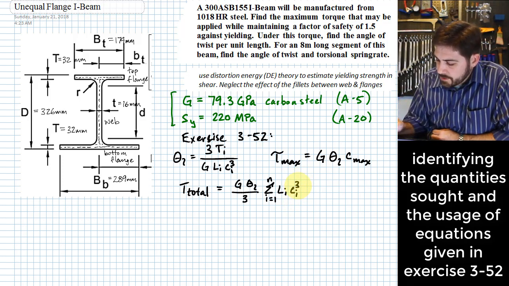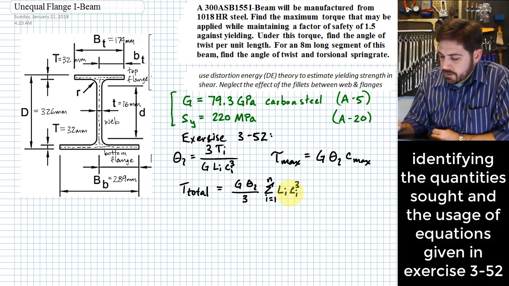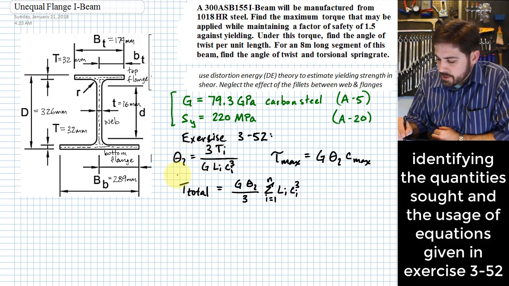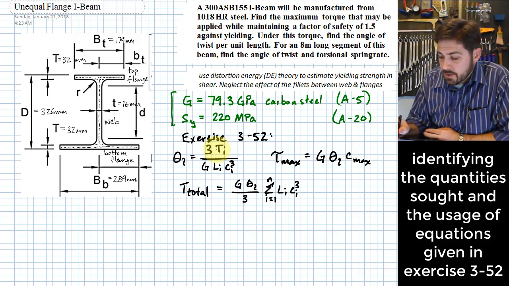What this is basically saying is, you're rewriting the equation up here, but summing up all of the different torques to figure out the overall torque. Each of the segments contributes a certain amount of torque to the total amount of torque carried, and you're accounting for the contribution of each of those torques.